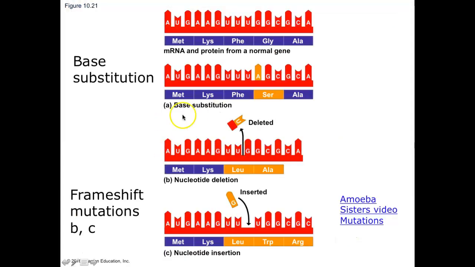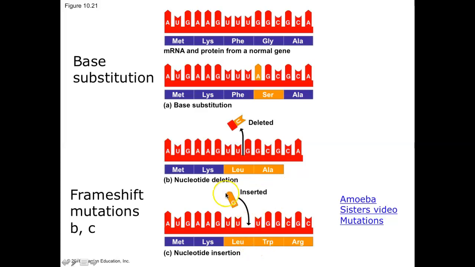Okay, so in this picture here, we deleted a letter. So this is kind of our base here. We have methionine, we have lysine, but instead of just changing serine and the alanine remaining the same, we made leucine, which is a mistake, and then actually alanine is coded for again, but that's just kind of a weird example, but they're both affected.